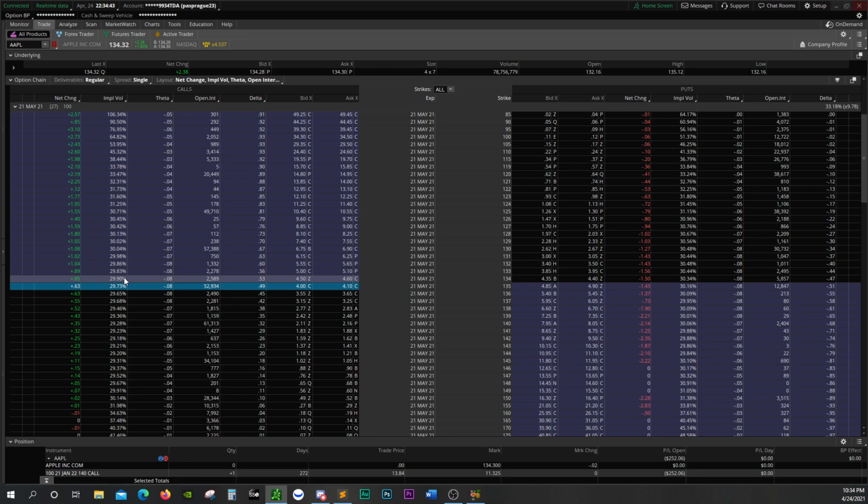And vice versa, if you're selling to open a position, you need to have high implied volatility and hope that you get some kind of IV crush once you get in. That's going to drastically push your profits higher, much quicker.